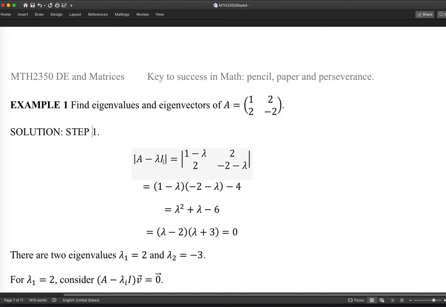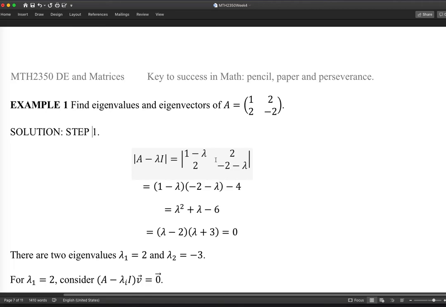I is the identity. So A minus lambda I is 1 minus lambda, and then the other diagonal element is negative 2 minus lambda. Each element along the diagonal has lambda subtracted, and the other numbers really stay the same. And the 2 vertical bars for the matrix mean the determinant of the matrix.